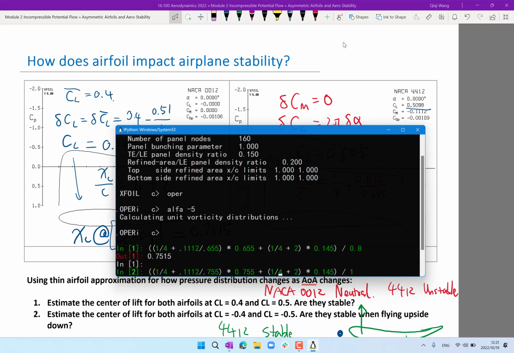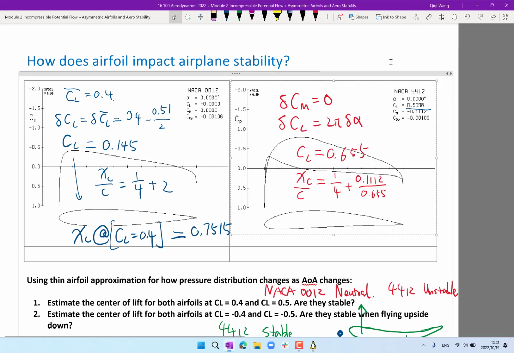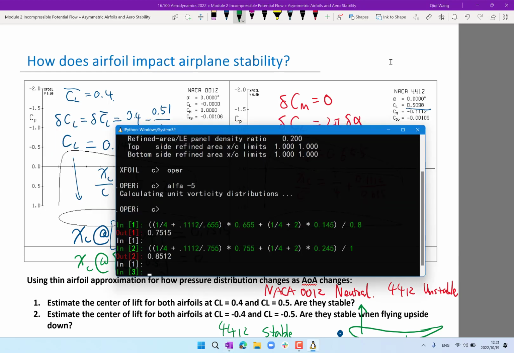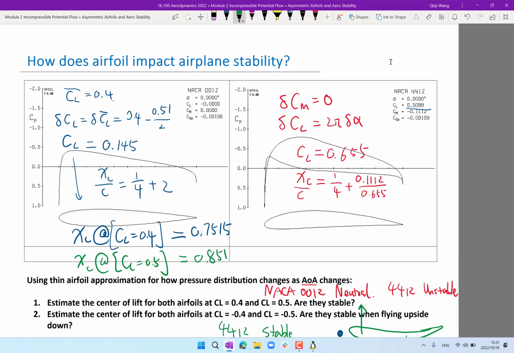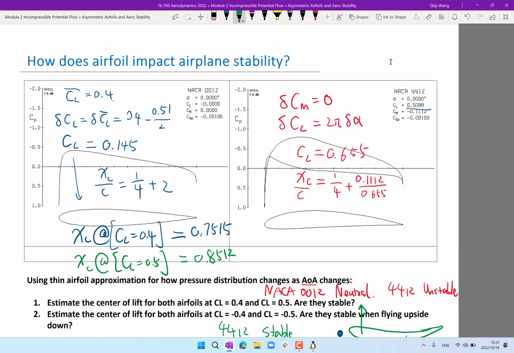And for the after airfoil, the center of lift doesn't change, and the lift coefficient becomes 0.245, right? Okay, and the center of lift is going to be 0.8512. So the center of lift at CL equal to 0.5 is going to be 0.8512. All right. Is this a stable configuration or not?